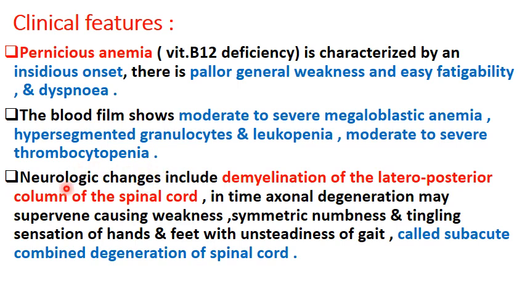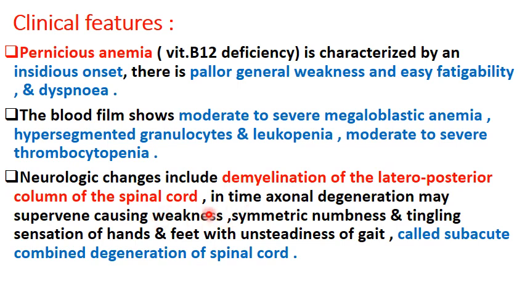There are neurological changes. Vitamin B12 deficiency causes demyelination of the lateral and posterior columns of the spinal cord. In time, axonal degeneration may supervene, causing weakness. This is the main and bad effect of vitamin B12 deficiency, in which there is demyelination, loss of the myelin of the axons in the lateral and posterior columns of the spinal cord.